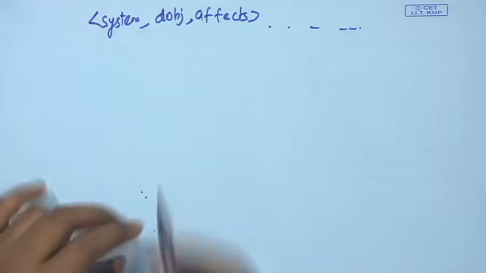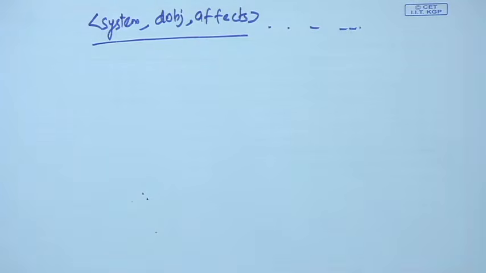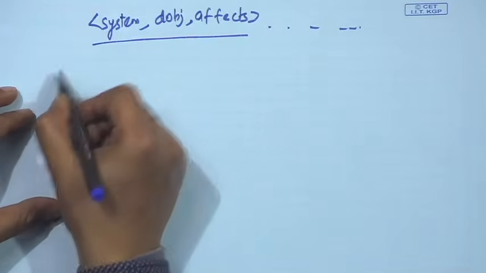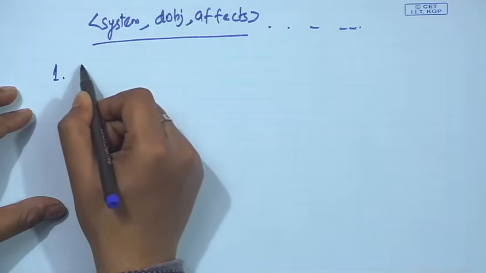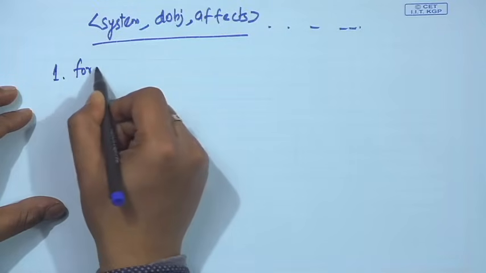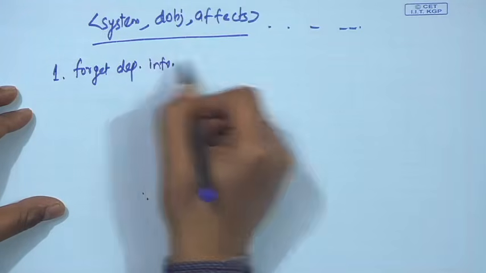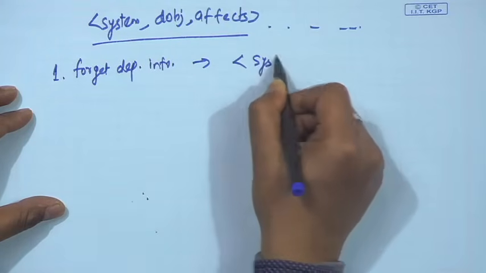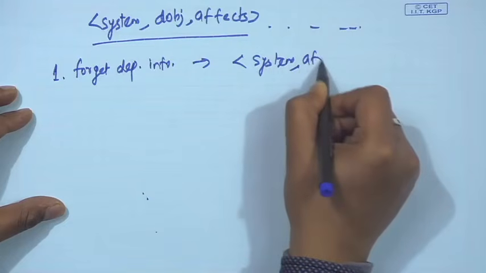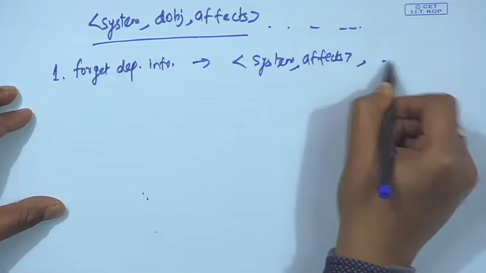Now how do I use those for my distributional semantics? There are actually many ways you can do this. One simple way would be to just forget dependency information. That means you will have system, affects, and so on.